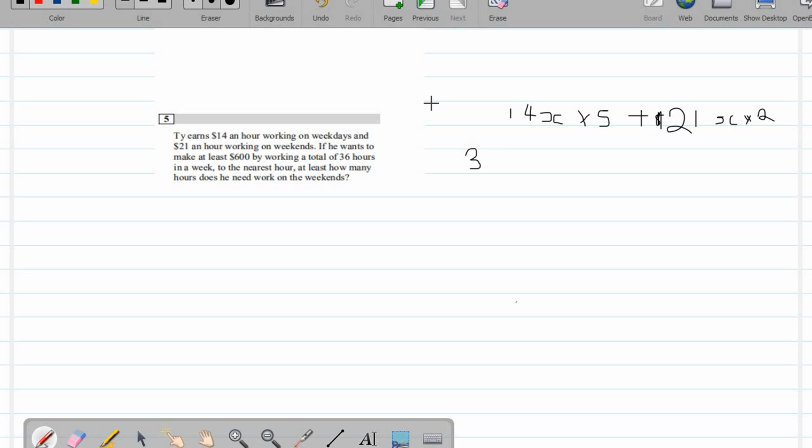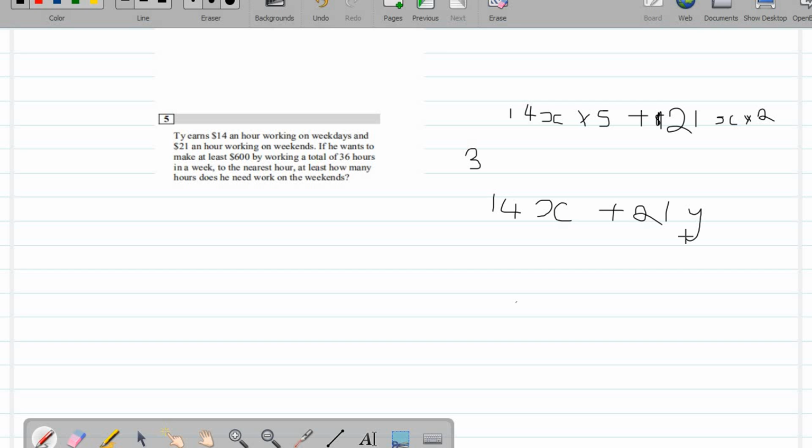Let's make it a plain amount. Let's say 14 times the number of hours he works during the weekdays, that's x, and he'll add that to 21 times the number of hours he wants to put in during the weekend. Let's call that number of hours y.